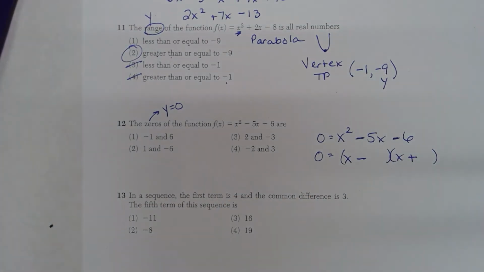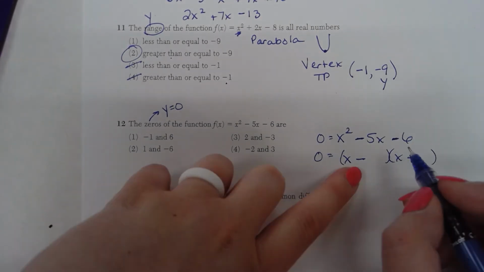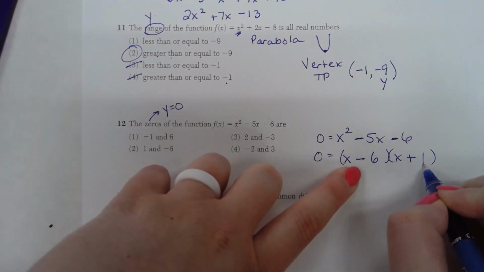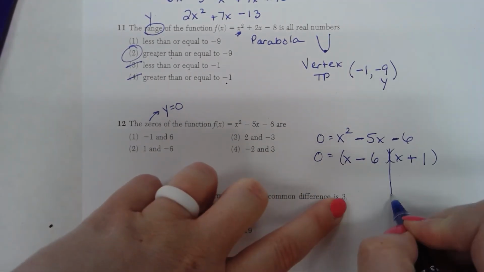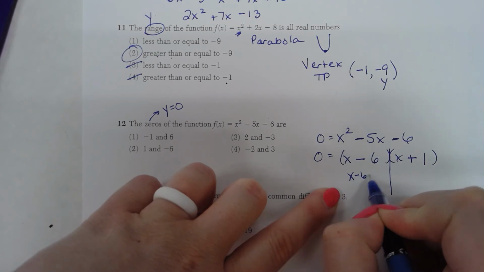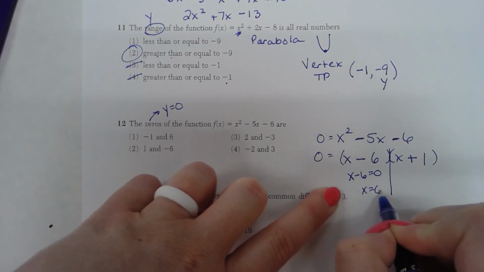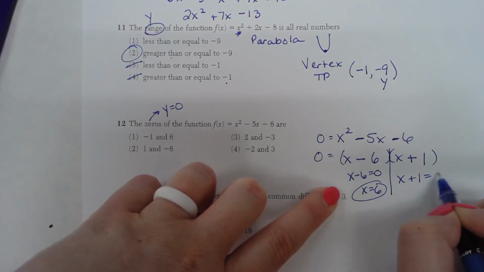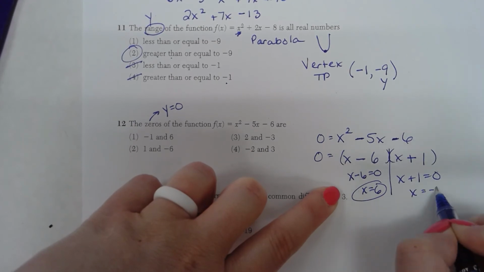I need two numbers that multiply to 6 and subtract to get me a 5. So I'm going to use 6 and 1. The bigger one goes first. Split and solve. So I've got 6 and -1.